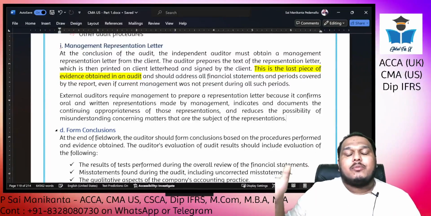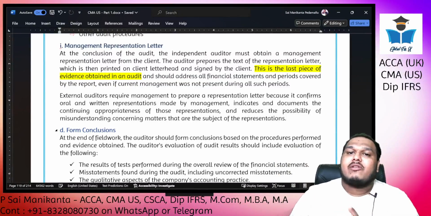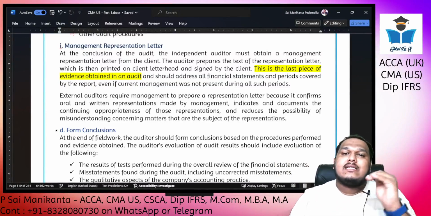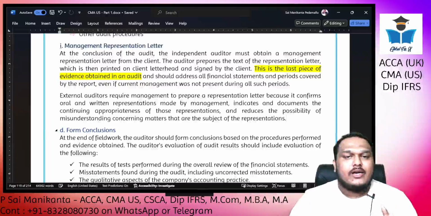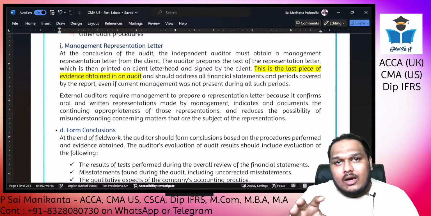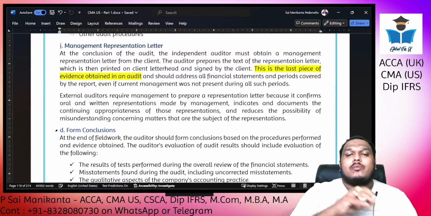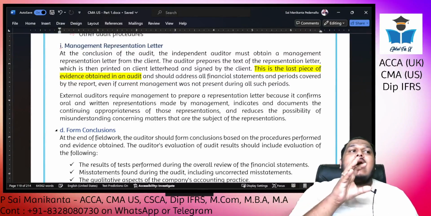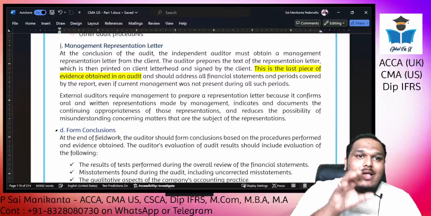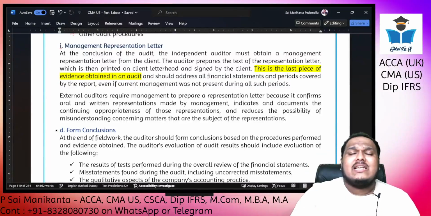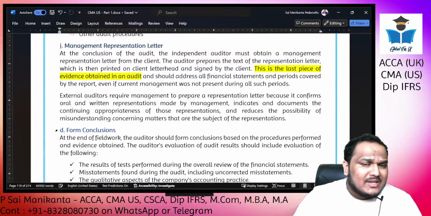Now at the end, before you conclude the audit evidence, you take a letter from them stating that, yes, we have provided this set of evidences for the audit, and we declare that those evidences, the documentary proofs submitted to the auditors, are true and fair and authentic in nature. There is no fraud or any kind of concealment in that.